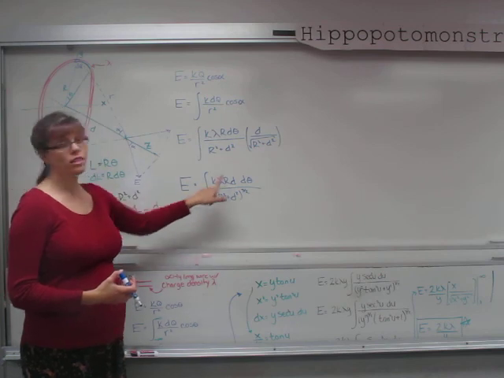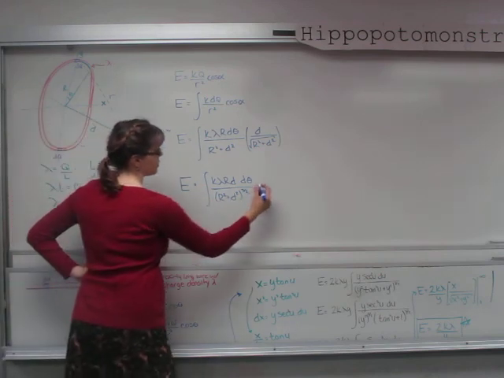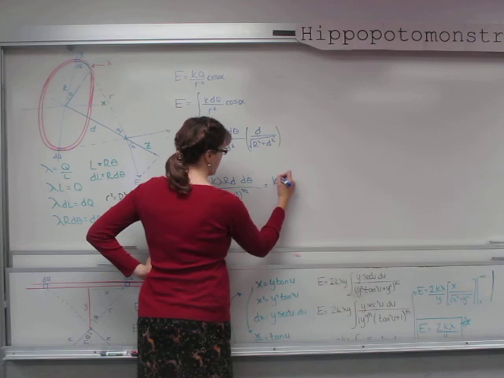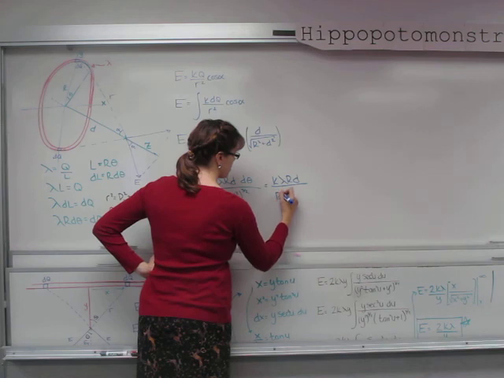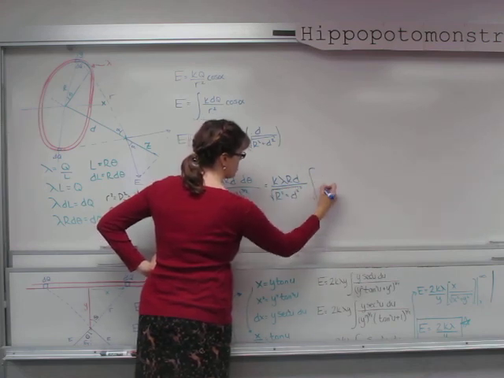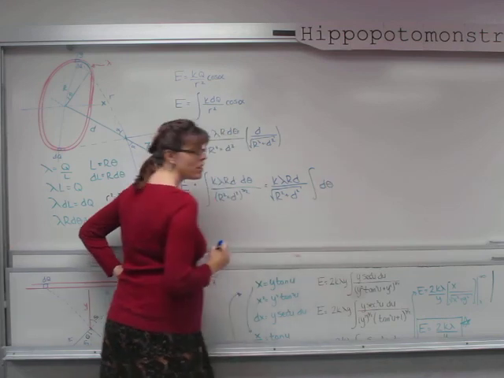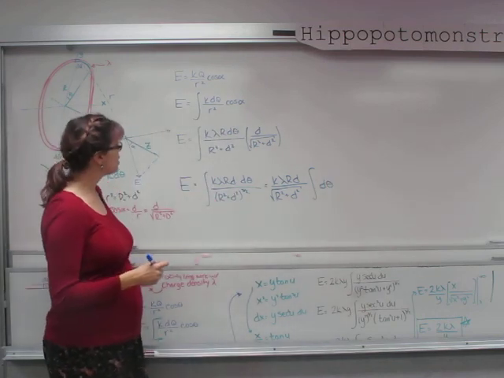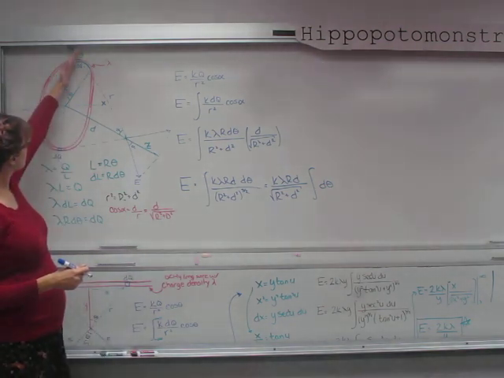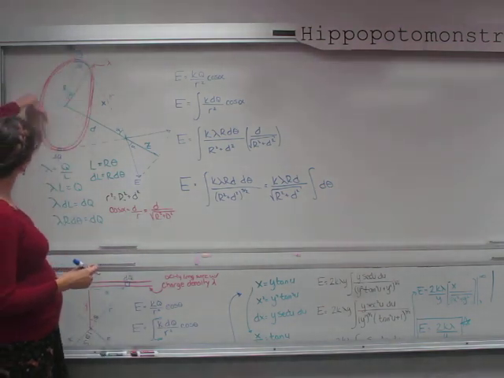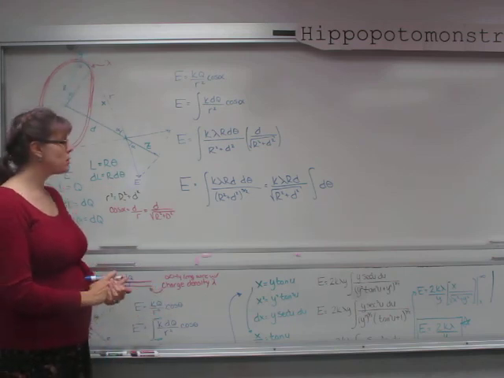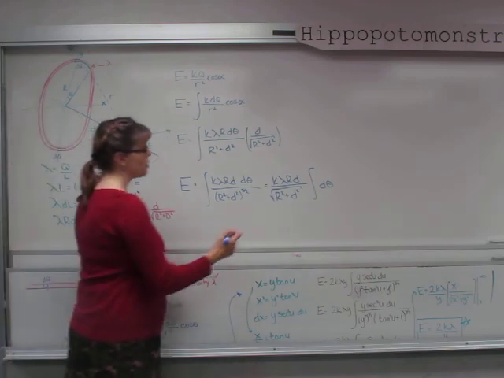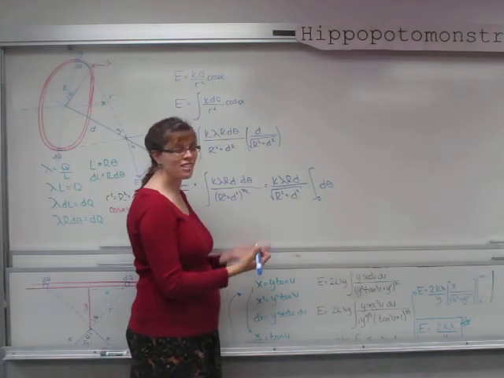So all of this is constant: k lambda R D. Now we just need to find our limits of integration. Well, if we start at 0 degrees and we go around all the way, how many degrees have we gone through? Or specifically, how many radians? So we go from 0 to, right, 2 pi.